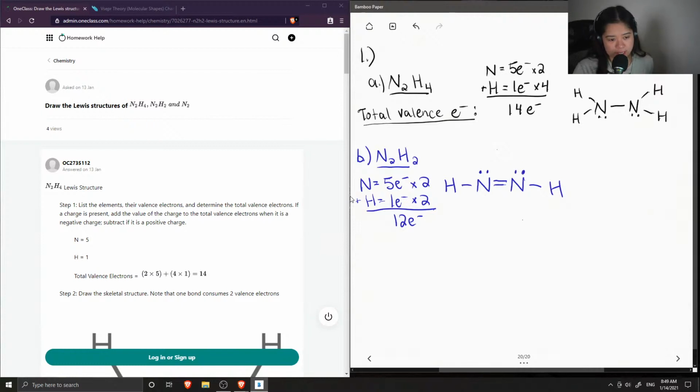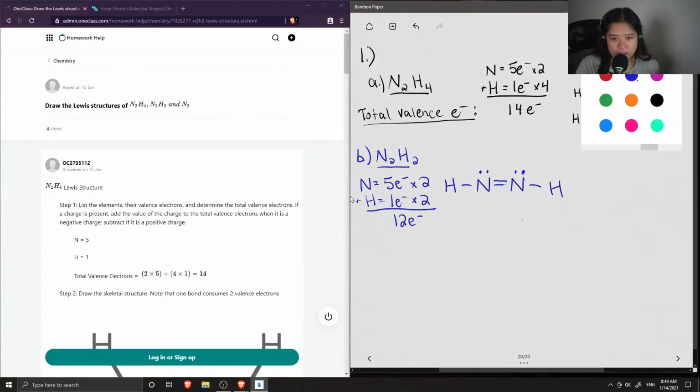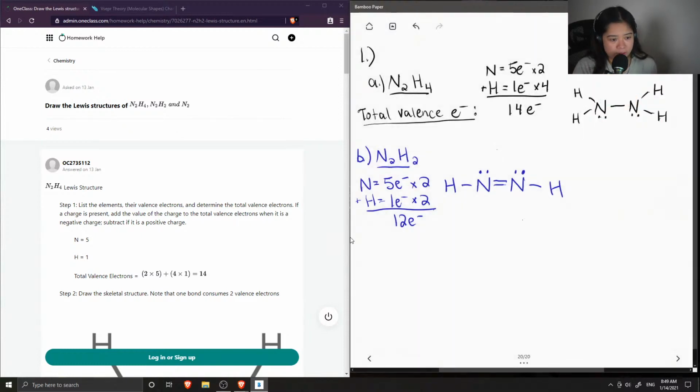Okay, so now let's count out how many I've drawn. So this structure has 12 electrons, everything has a full octet. So this is the correct Lewis structure for our second molecule.